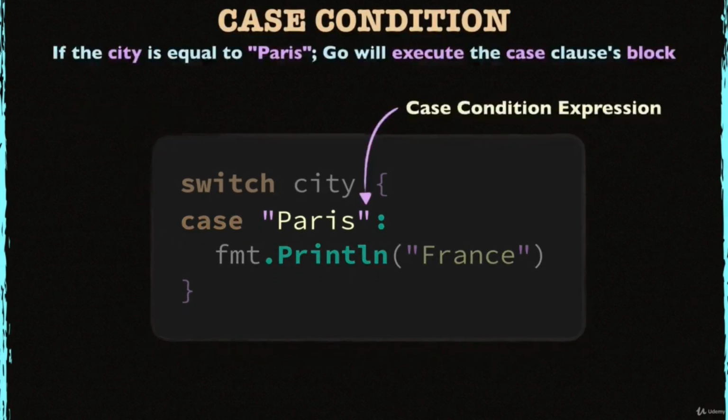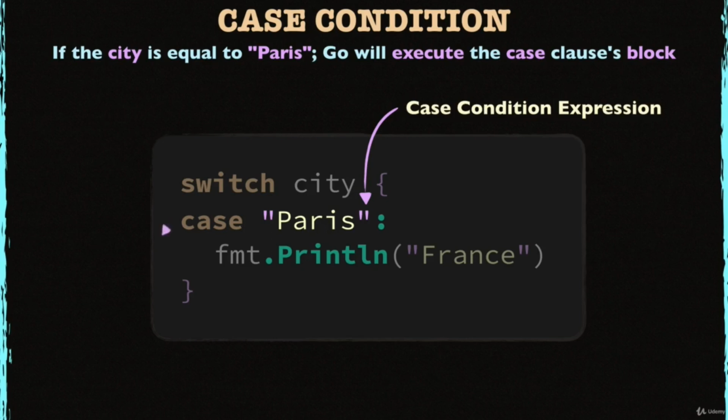And this highlighted part is a case condition expression, or simply a case condition. So when the city variable equals Paris, Go will execute this case clause's block. And here, in this block, there is only one println call, right? So Go will execute it and it will print France to the console.